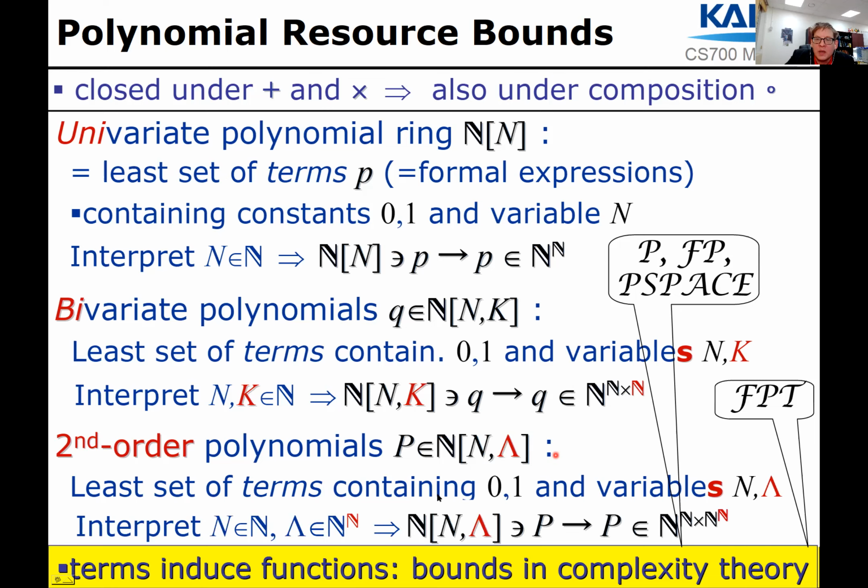For now, let me point out that if we assign the variable n a natural number and the second order variable lambda a function from natural numbers to natural numbers, then this polynomial gives rise to a higher type function, a functional, which receives an integer as argument and an integer function as argument and produces an integer as value. And this is exactly what we need to measure and to define the computational complexity of such functionals.